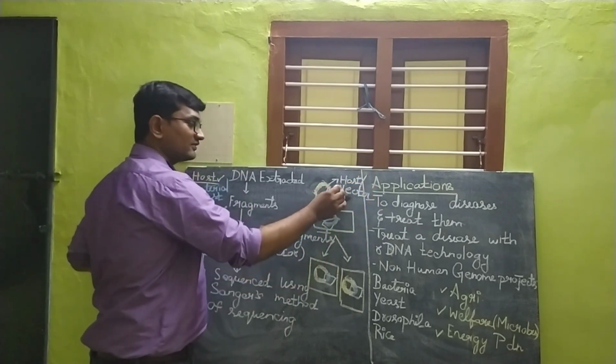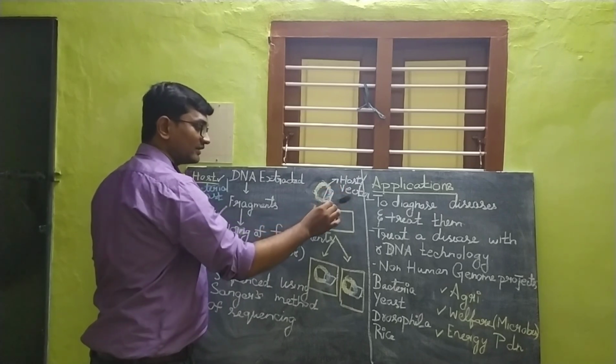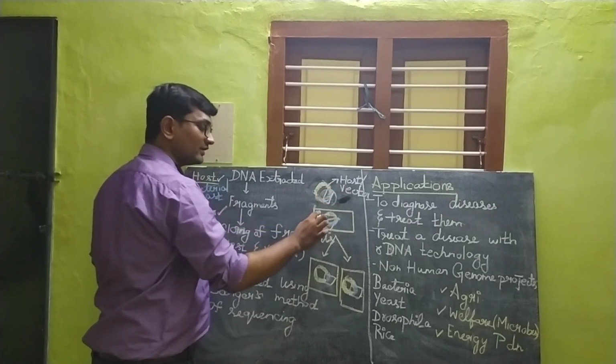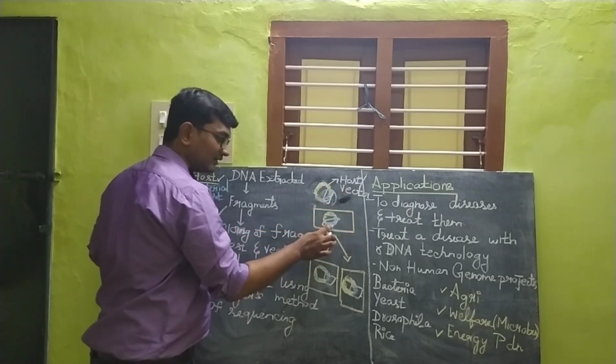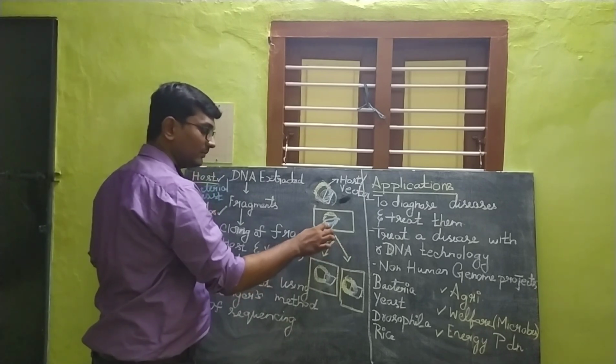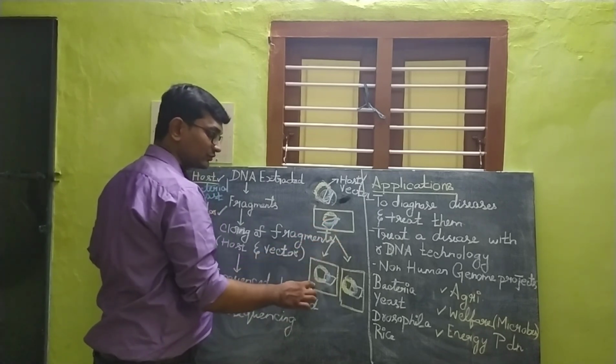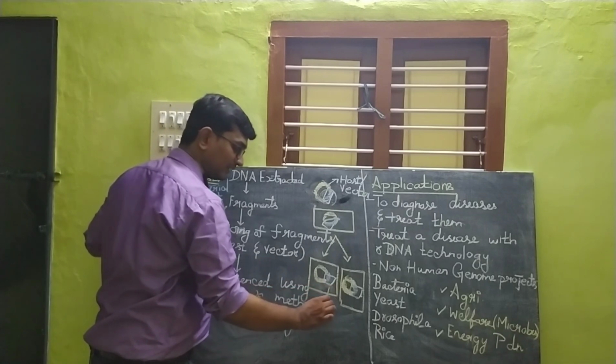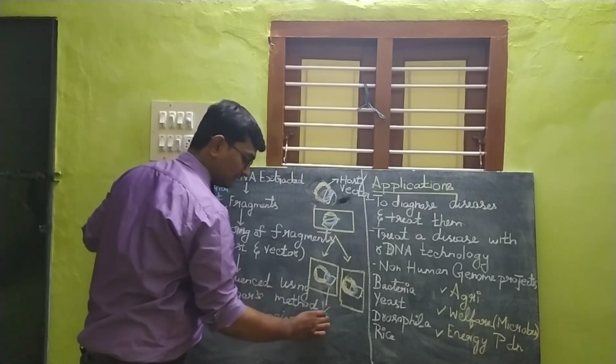When a host or vector is able to attach with a fragment, the single host and fragment combine, and they can produce two. From two, you can even get four more copies.